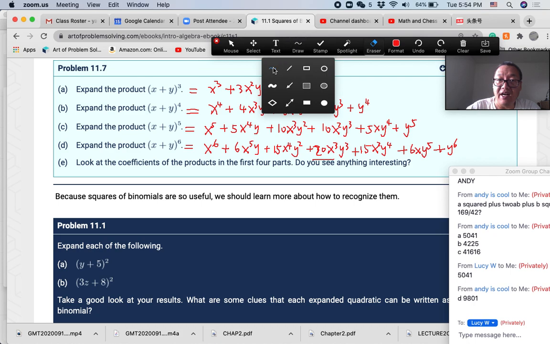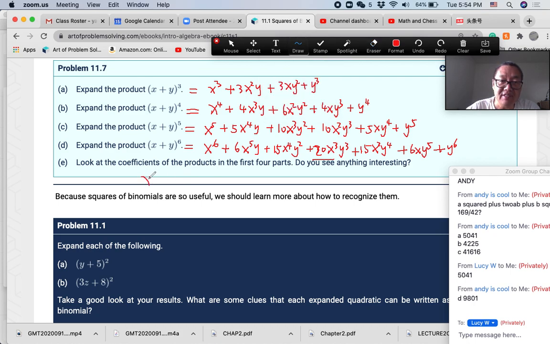So now let's see why I can write this one so easily. Because I know this formula, (x plus y) power n equals, say, if I first write x power n, then plus n choose 1, then x power n minus 1, then y power 1, then plus the second one n choose 2, then x power n minus 2, then y squared.